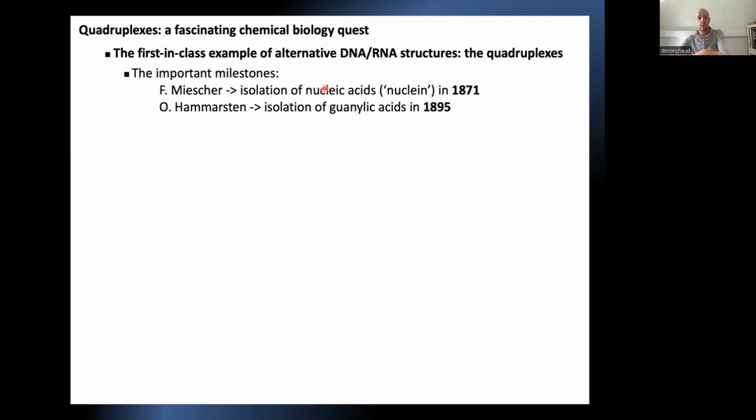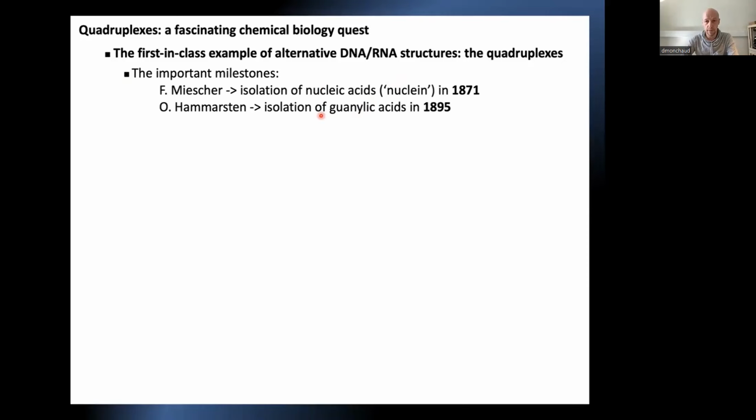He called it nuclein, and the term nucleic acid was coined 20 or 30 years after that. Hammarsten, a couple of years after, did what biochemists do best, meaning that they cut everything into pieces and try to understand the basic building blocks of this nuclein. And he discovered that the nuclein is really rich in guanylic acid.